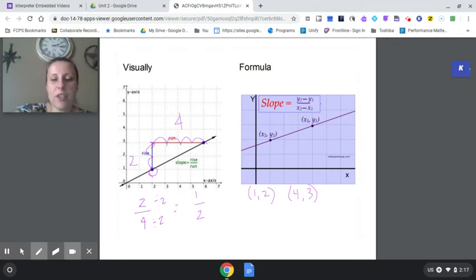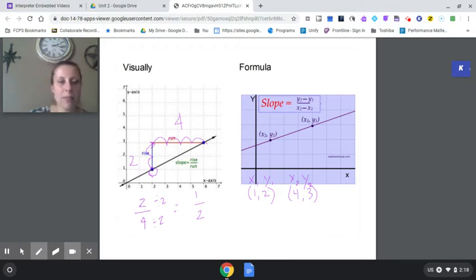Since this is my first point given, I'm going to label the 1 as x1, and the 2 as the first y value, y1. My second point has an x coordinate of 4, so that's x2, and a y value of 3, so that's y2. So those subscripts just refer to what point you are looking at, the first point or the second point.